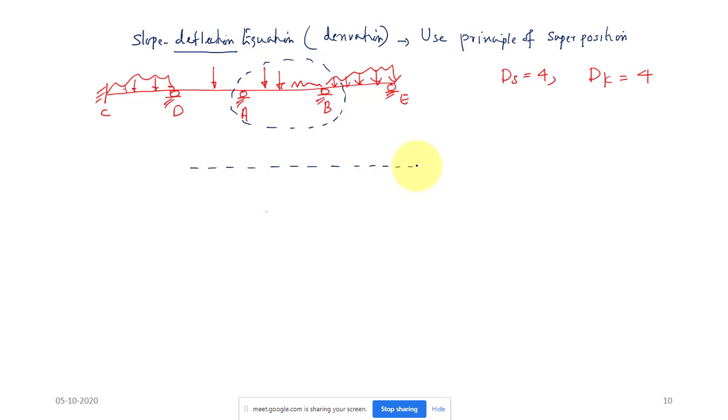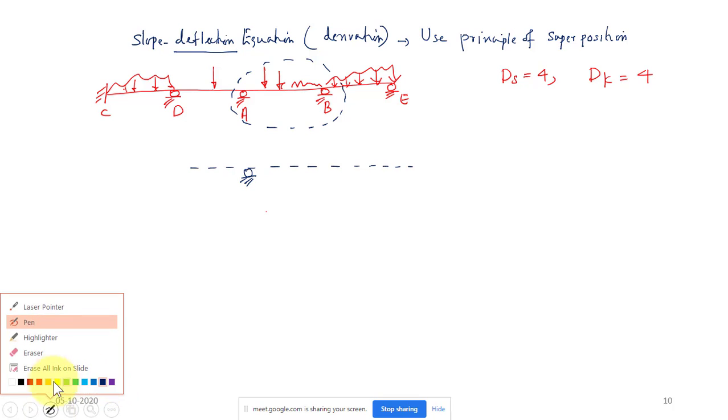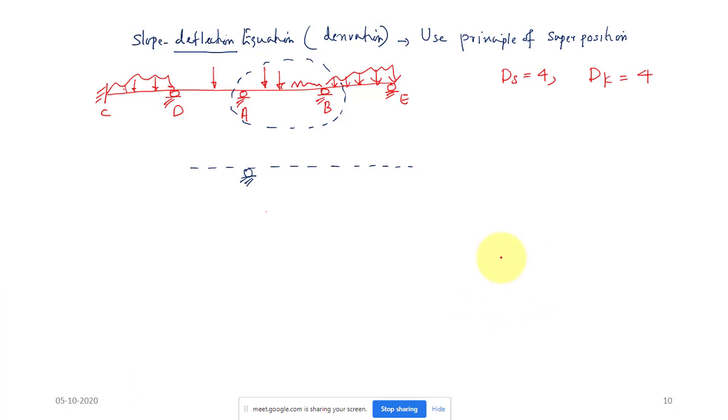That was the position of your continuous beam, and due to this loading, this span AB is going to deform. Here we had a support. I will draw like this, then I will explain why I have considered it like that. So this is the deformation we are going to have in span AB.